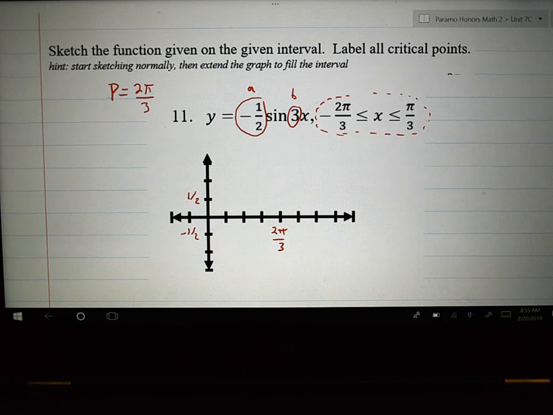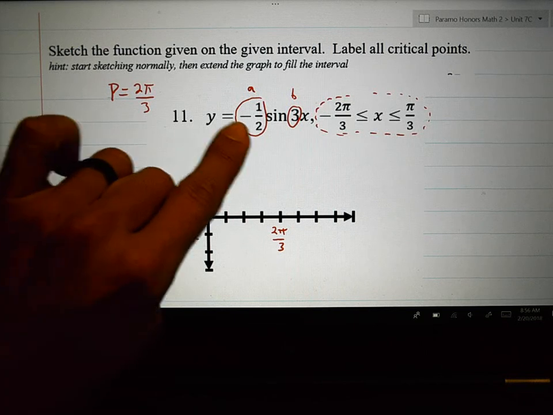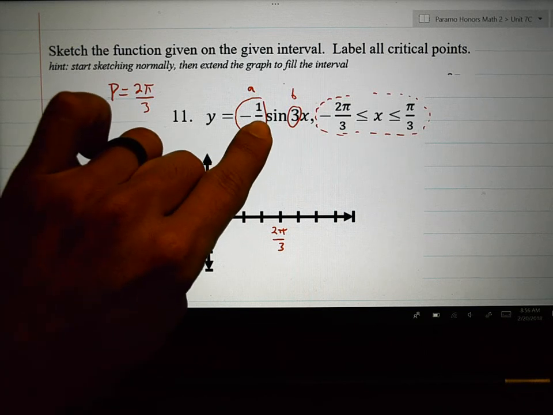Now, before I even do anything else, I'm going to go through that mnemonic device that we wrote down in part 7c.2. This is a sine graph. Midline, extrema, midline, extrema, midline is what we covered last time. Do I go towards the positive extrema? Do I go towards the negative extrema?